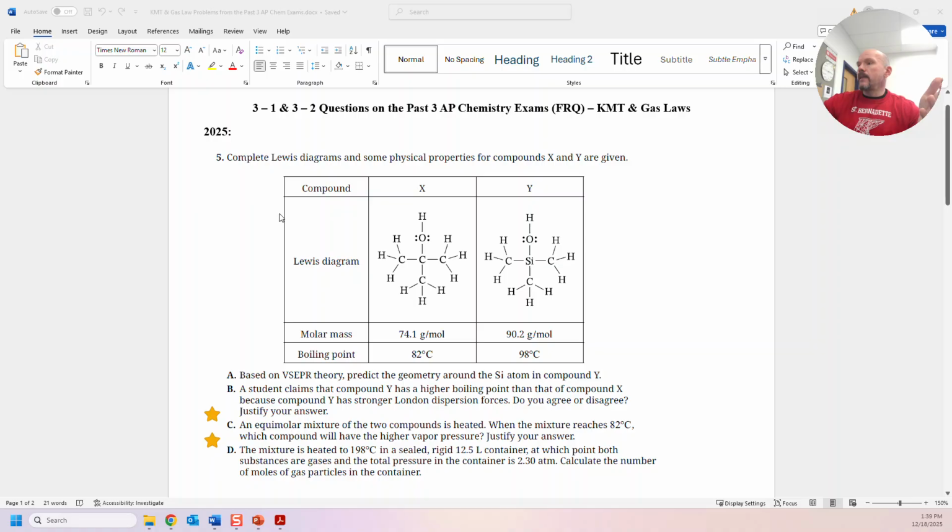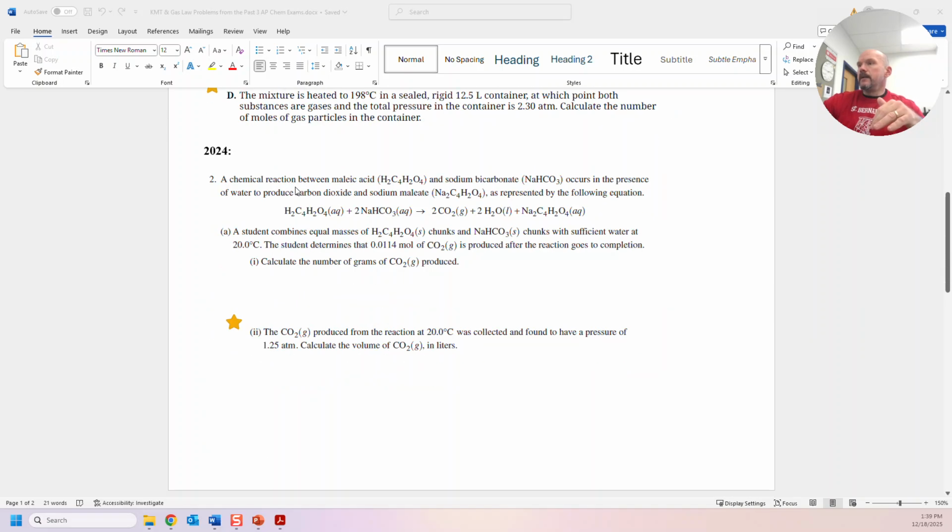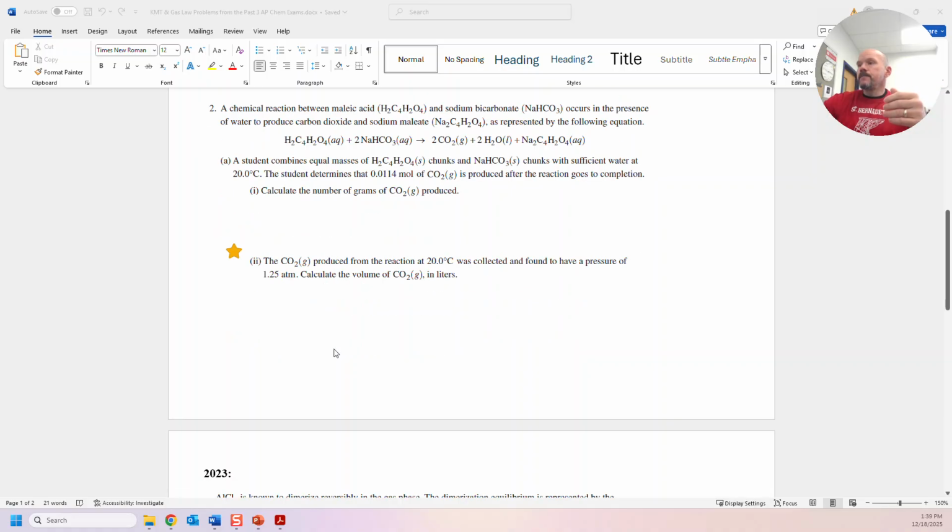So again, this was really the only two questions, C and D, from question 5 in 2025 that was strictly kinetic molecular theory and gas laws. In 2024, it was question 2A, part 2. That was really just gas laws, KMT.